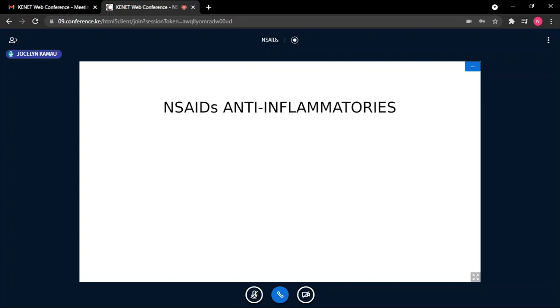So therefore, the COX-2 which is constitutive, and the COX-1 which is constitutive, need to remain in the body for the body function to be optimal. And that again tells us the need for selective non-steroidal anti-inflammatories.